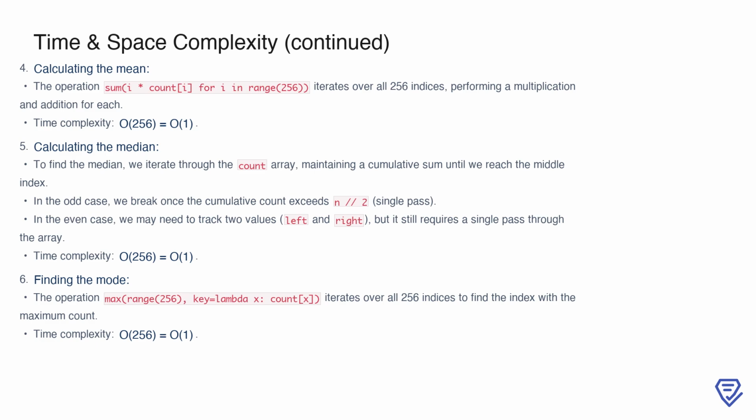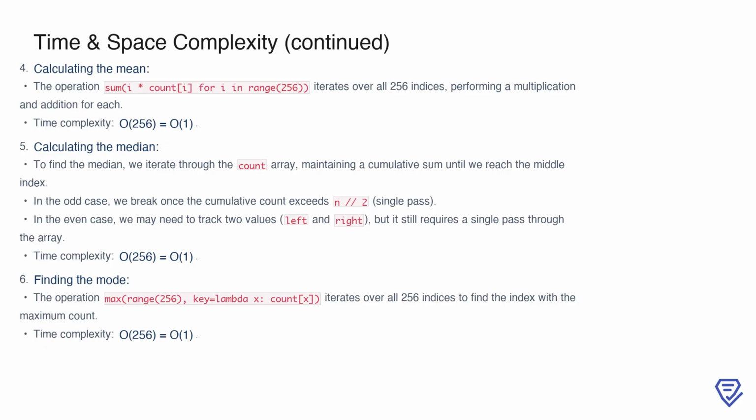O(1). For the median, we need to traverse the count array while maintaining a cumulative sum until we locate the middle index. In the odd case, we stop as soon as the cumulative count surpasses n//2. In the even case, we track two middle values if necessary, but this still requires just one pass through the array.